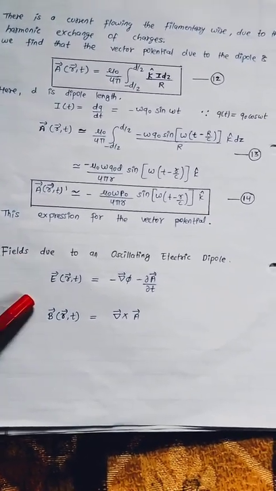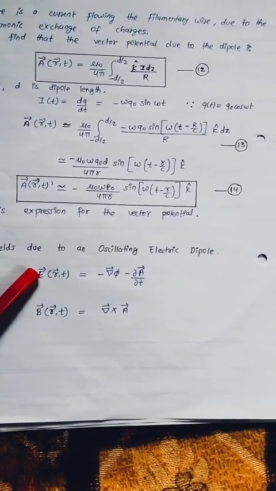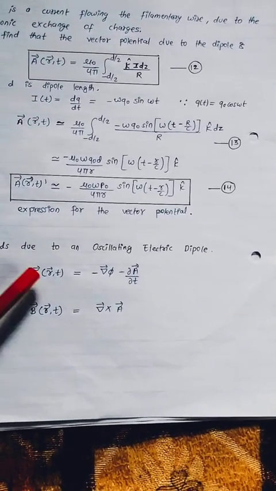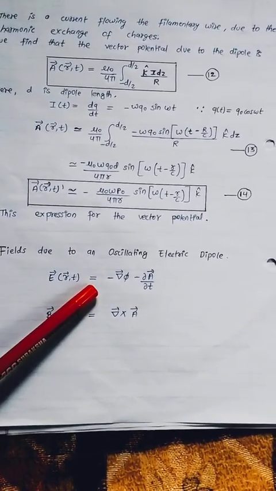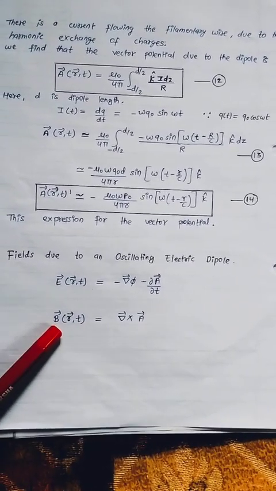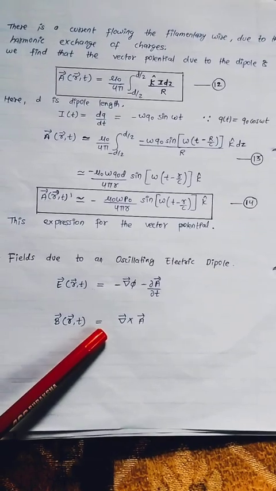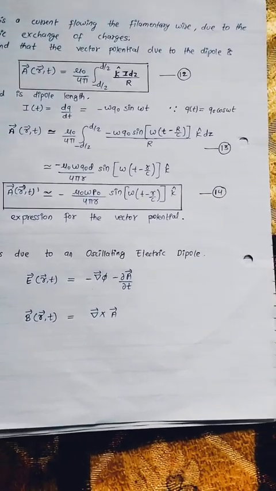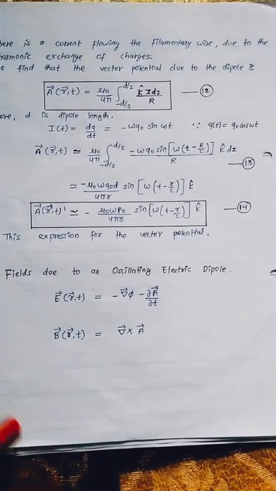We know these two equations very well. The electric field is equal to minus del phi minus del A by del t, and the magnetic field is equal to the curl, the cross product with the vector potential.